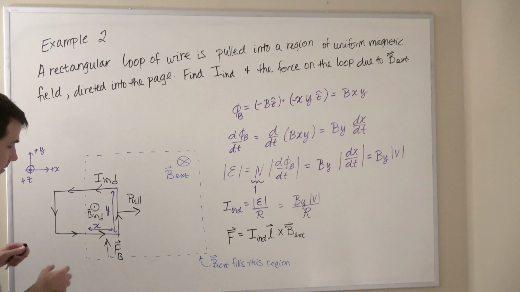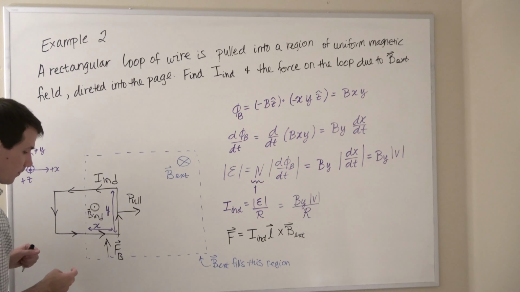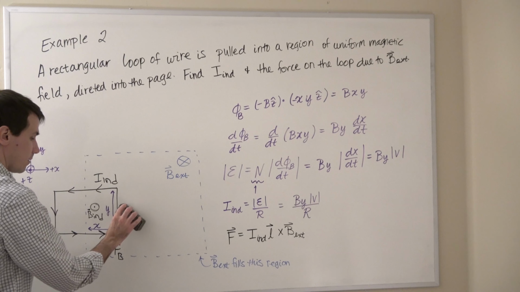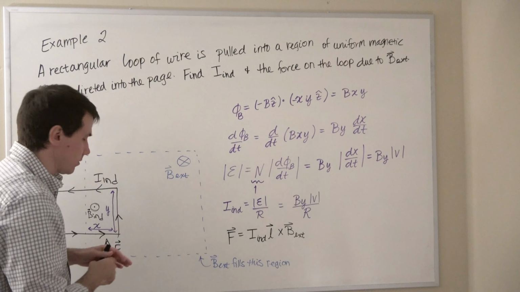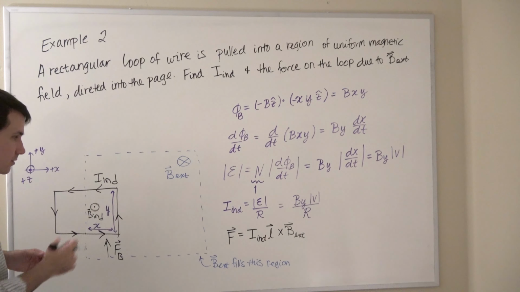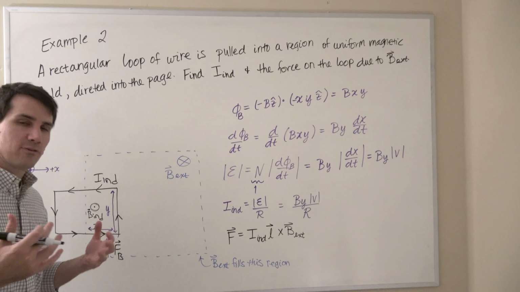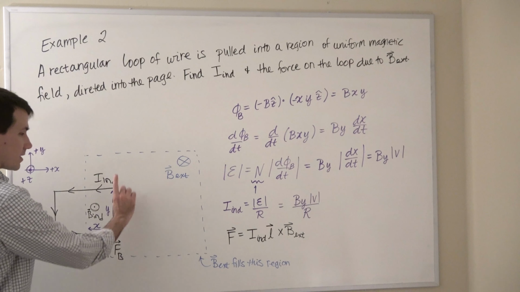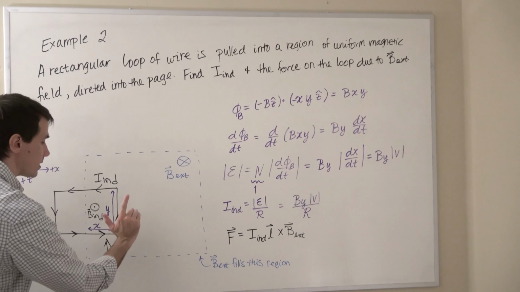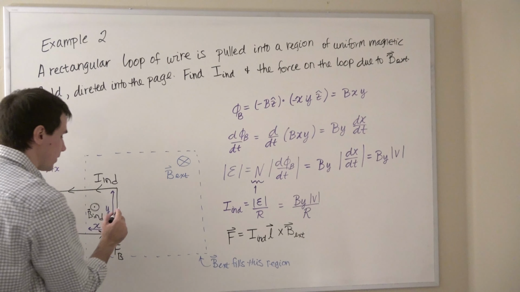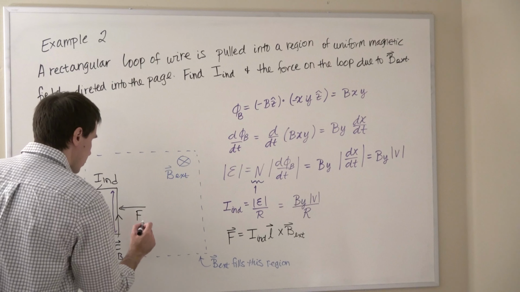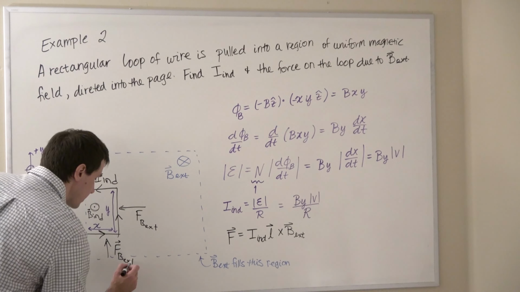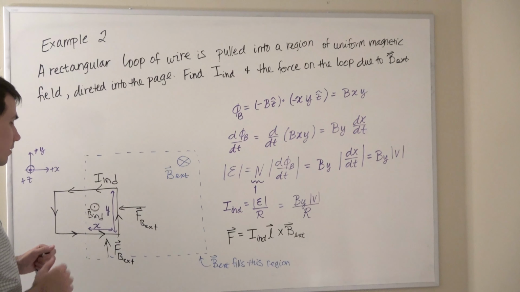Okay. Next, I can look at this side of the loop. It is inside of the magnetic field. I'll erase this vector here. That was my force of me pulling the loop into the magnetic field. But now we're just worried about the force due to that external magnetic field. Here my current points upwards, my magnetic field points into the board, and therefore I feel a force due to the external magnetic field, which is to the left.